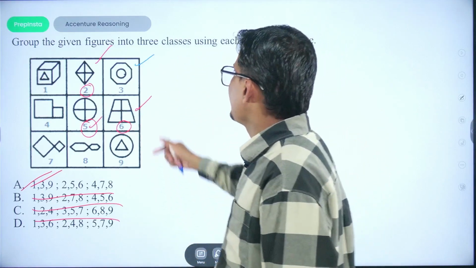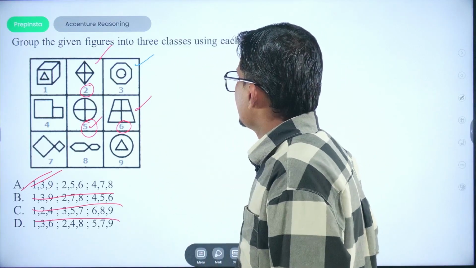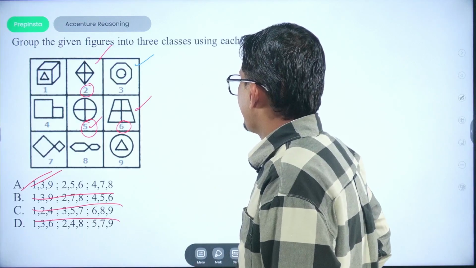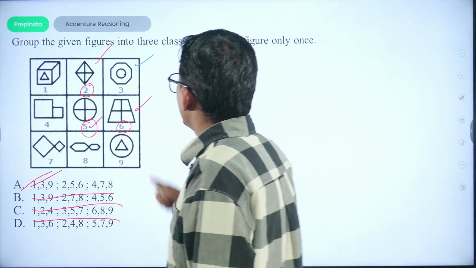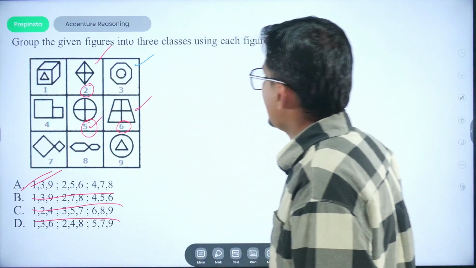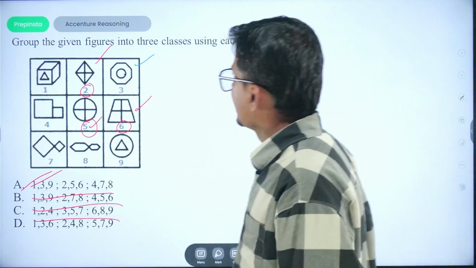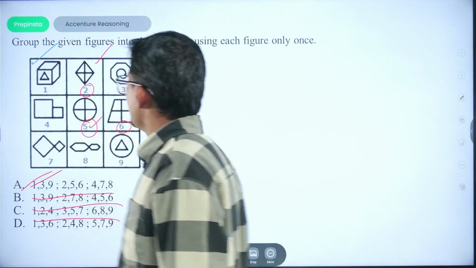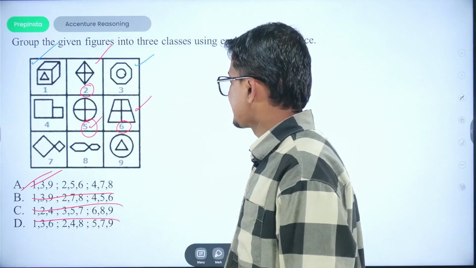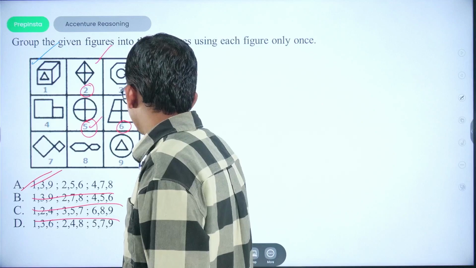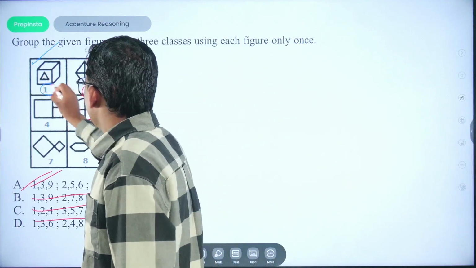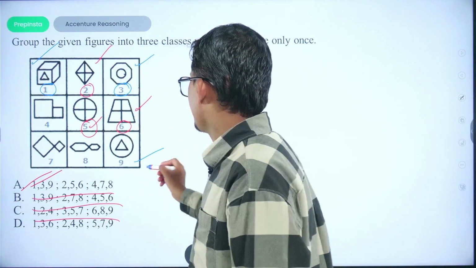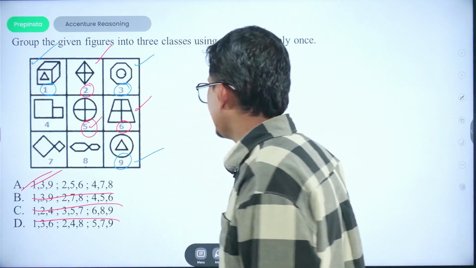This would be 6 figures now. So 6 figures, a diagram under which a circle is given. Here we have a cube inside which a triangle is there, and also we have a circle inside which a triangle is given. So we can form the logic that 1, 3, 9 belong to the same category.